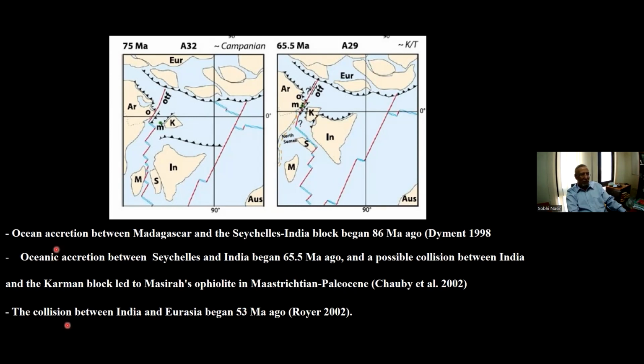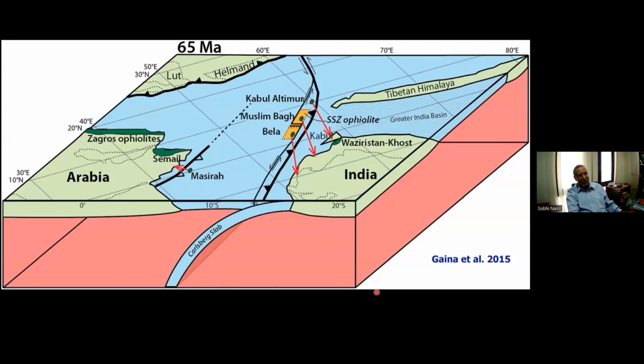So the collision now between India and Eurasia began 35 million years ago. India and Eurasia started to collide before 53 million years. And this is the present situation, actually, for 65 million years. This is Masirah, and this is Samail Ophiolite, and this is the Owen ridge here.